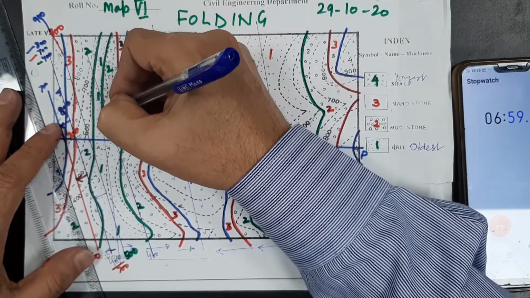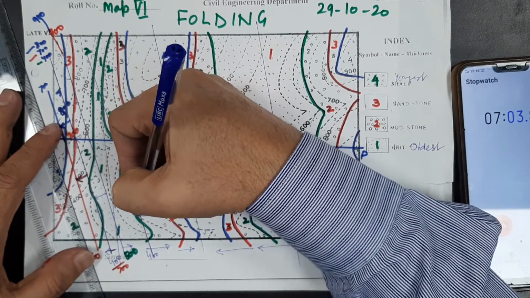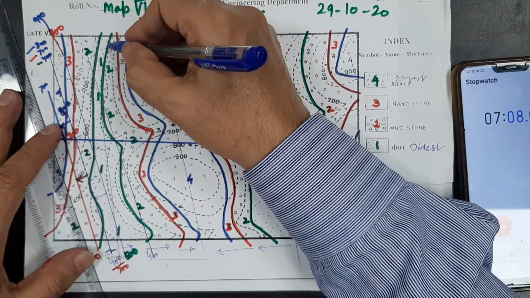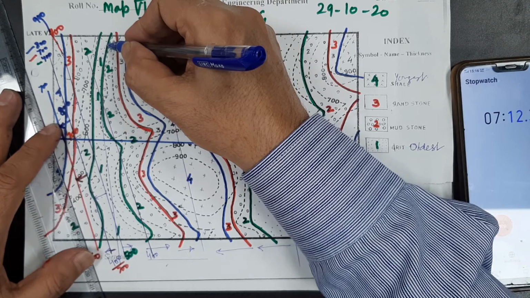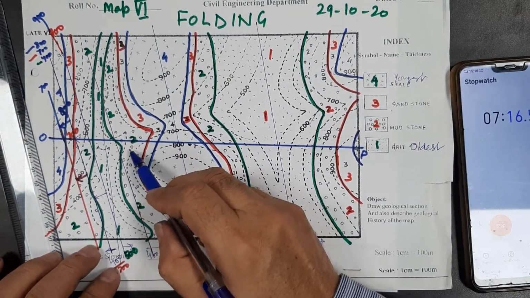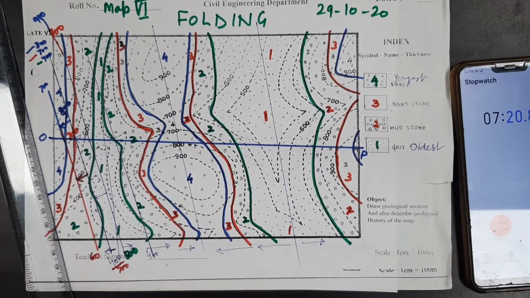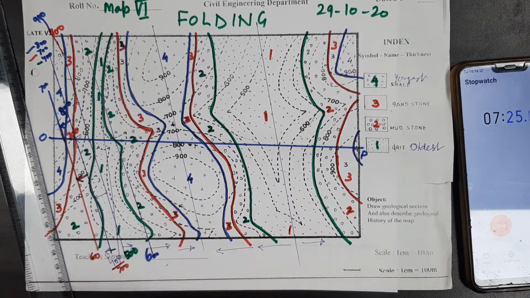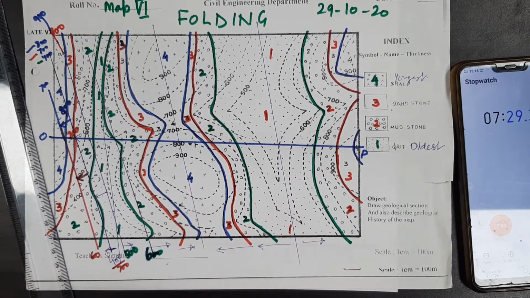This is a strike contour of perhaps 6, but 4 is here. So I can't go for 6, I need 5. This should be of 600, sorry. This is 600, this is 600. For green it is 600. Let me write 600.